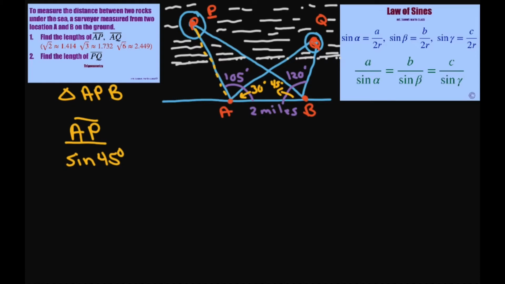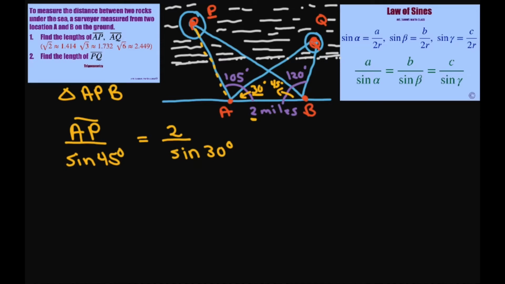This is also given for us. Equals 2, this is your 2 miles, divided by sine of this measure, and this is 30 degrees.